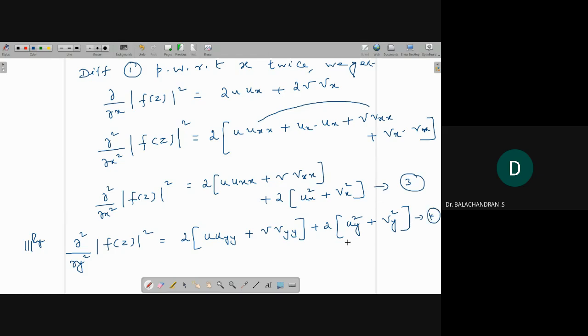Now add 3 and 4. I will try to write here, because then only I can easily write. I can't write all the terms here.